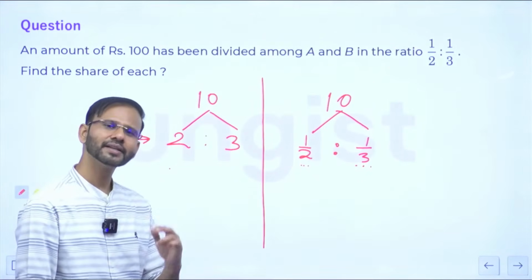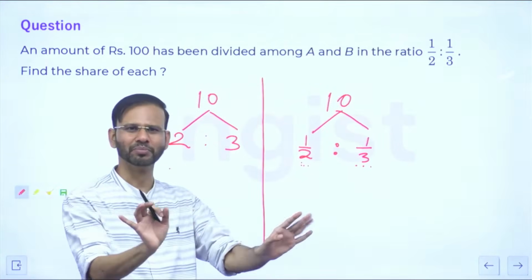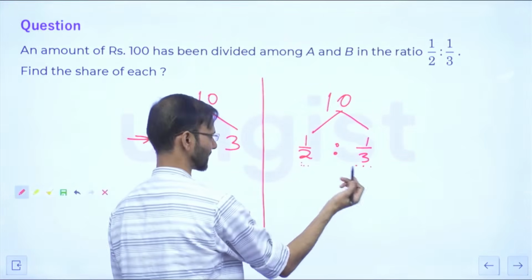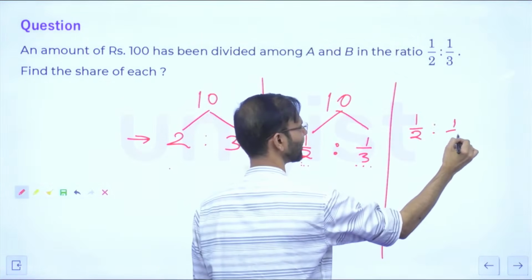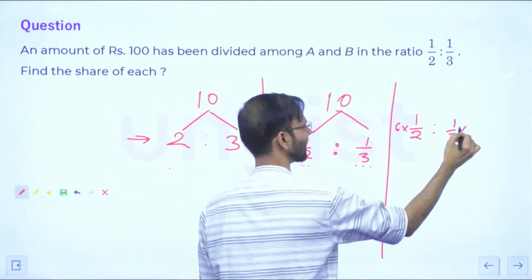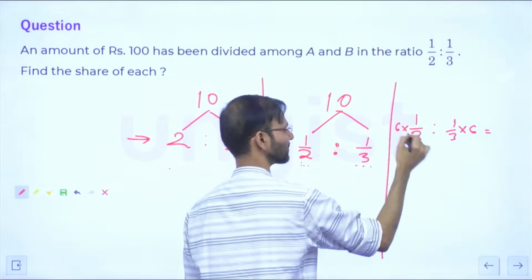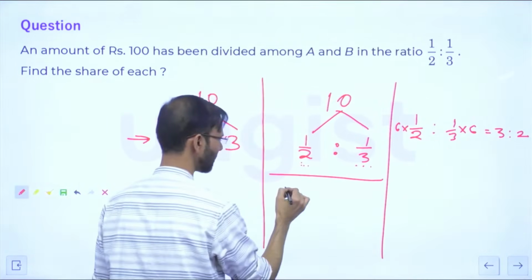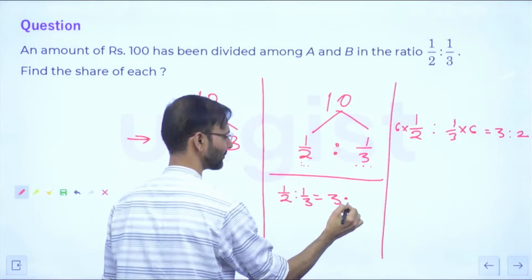So obviously that number would be the LCM of these two or the product of these two. Very simple. Right? So the product of these two would be what? 6. Right? So 1/2 is to 1/3. If you multiply this with 6 and this with 6, this will become what? Guys, 3 is to 2. So what you can say is 1/2 is to 1/3 is equivalent to 3 is to 2.